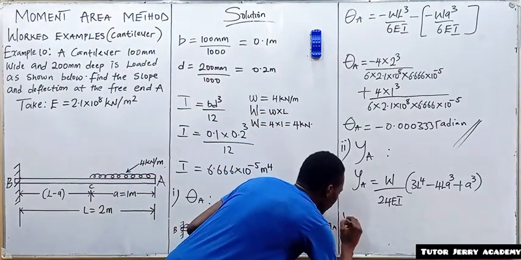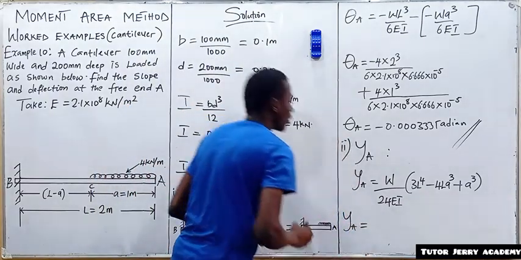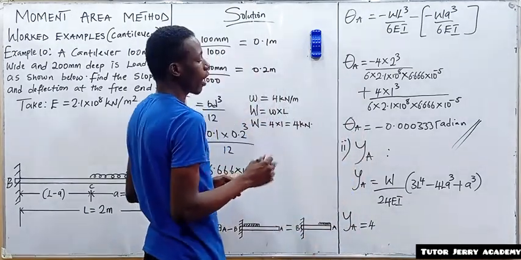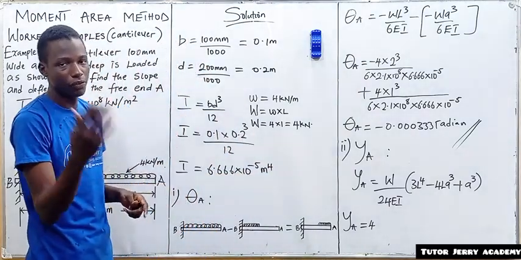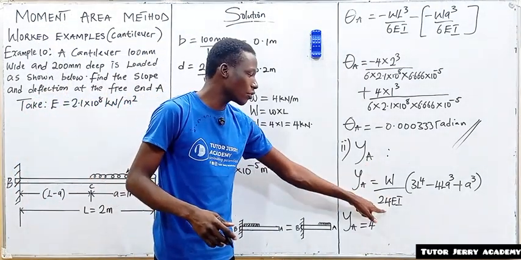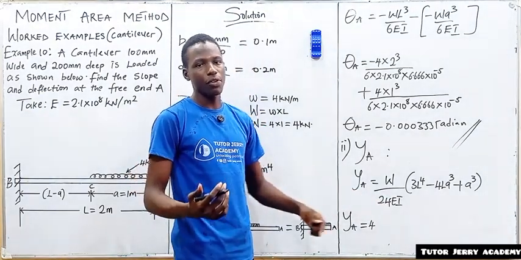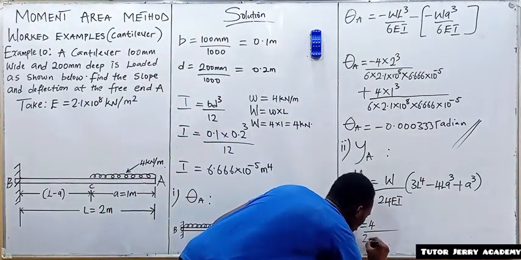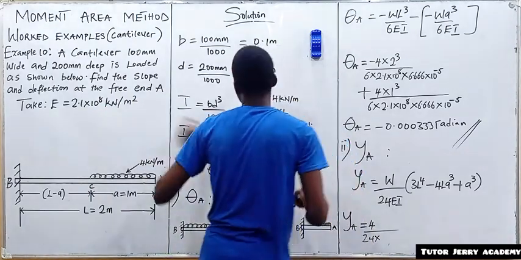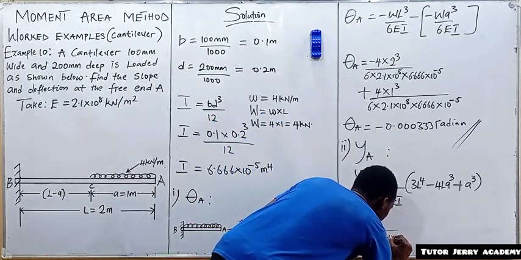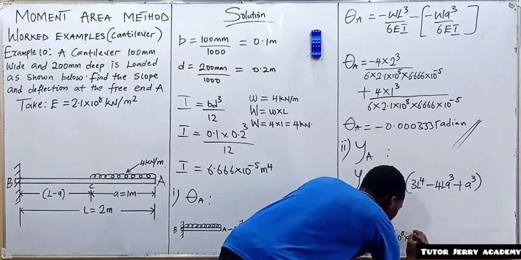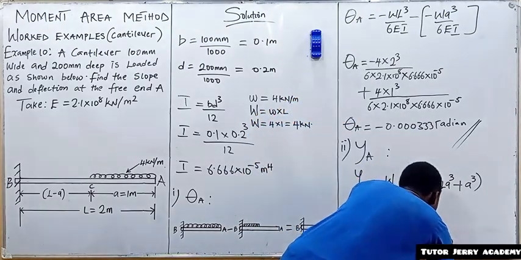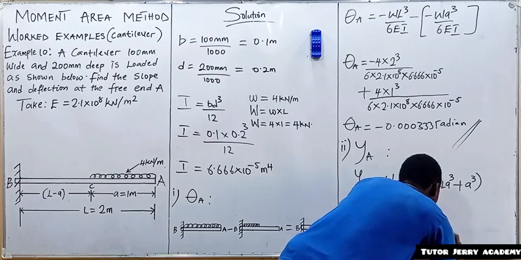So deflection at A will be equal to W, which is 4, multiplied by 1, so 4 multiplied by 10 to the power of 3. But of course, we go with 10 to the power of 3 from our modulus of elasticity, so we don't need to add that. So this is 4 all over 24 multiplied by E, which is 2.1 times 10 to the power of 8, multiplied by I, which is 6.666 times 10 to the power of minus 5.